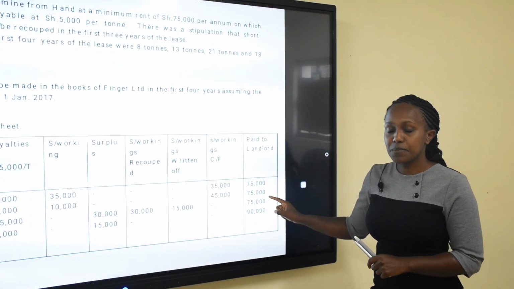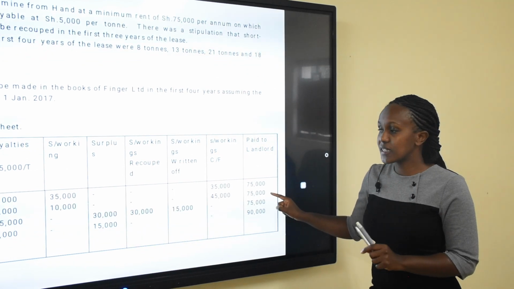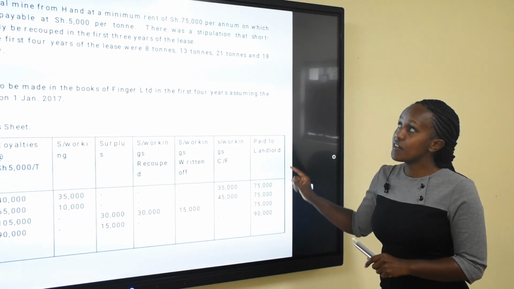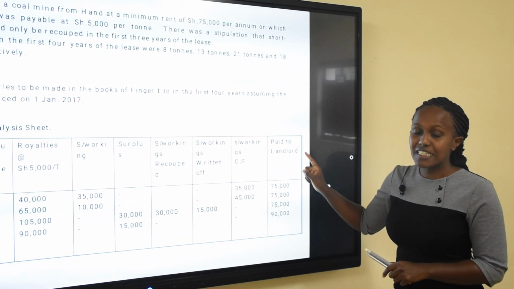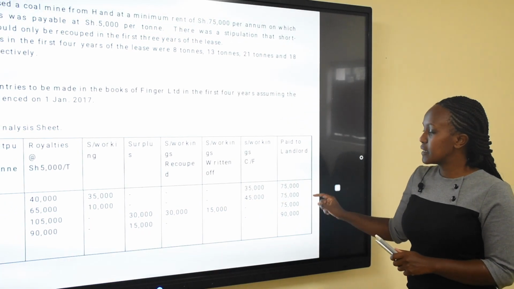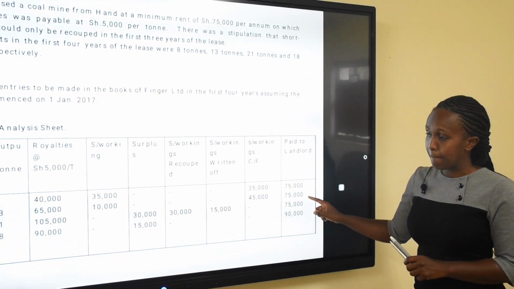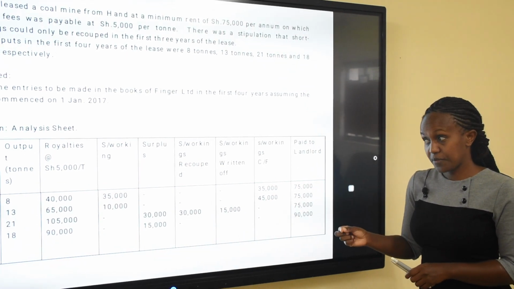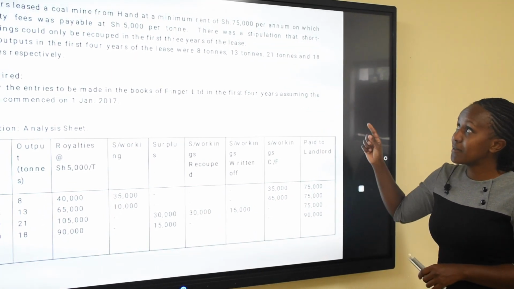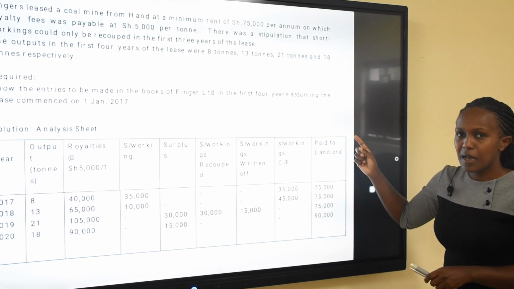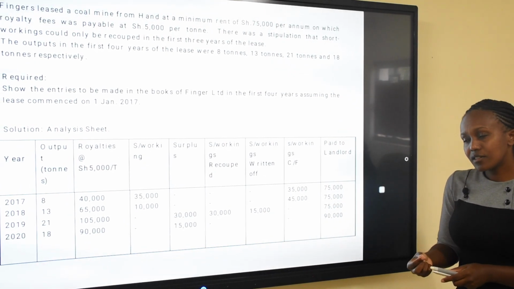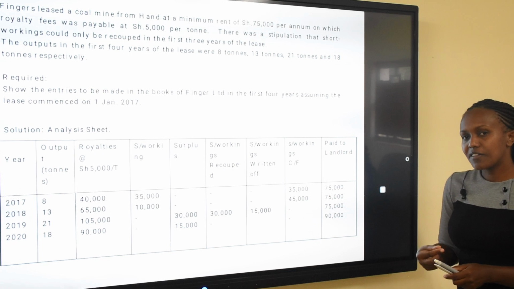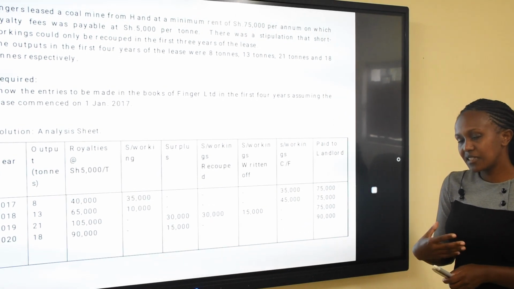In the second year, the royalty payable is 65,000, while the minimum rent is 75,000. He shall take the higher of the two. He shall be paid 75,000. In the third year, the royalty payable is 105,000, and the minimum rent is 75,000, but he has allowed the tenant to recover some of his short workings that he made in the past.